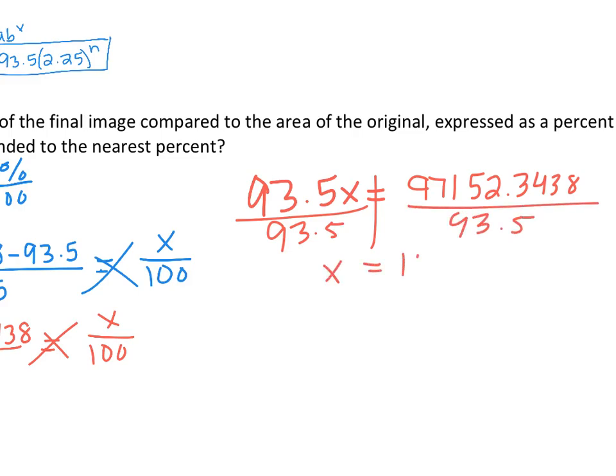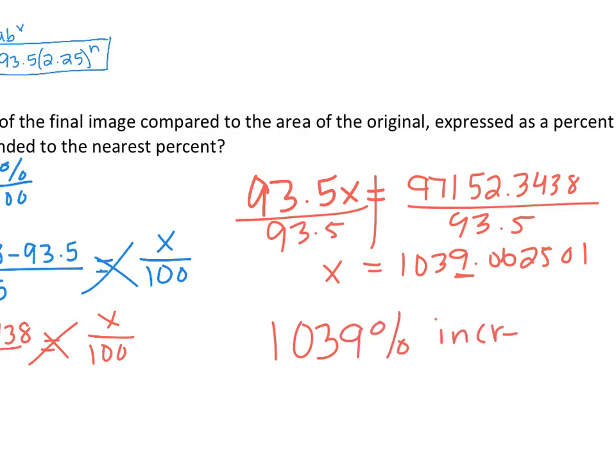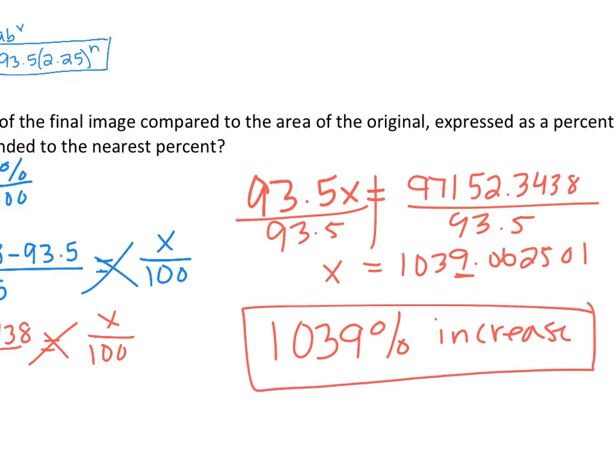And we get 1039.062501. It wants us to round to the nearest percent. So 1,039% increase. Okay, do letter C on your own.